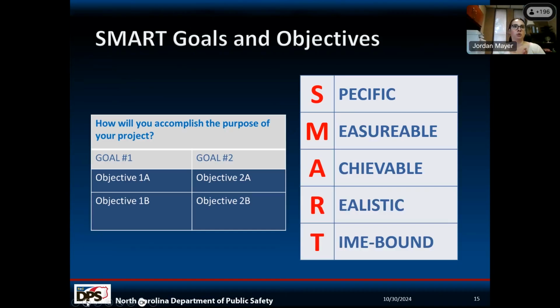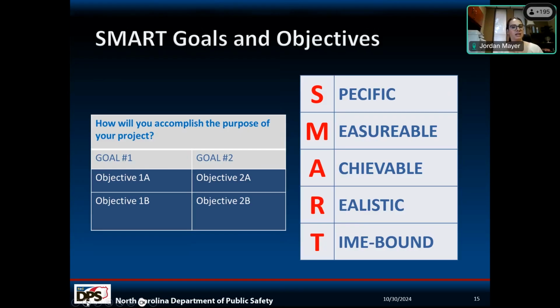So you want to make sure that your goal is clear and focused, that it is focusing on the project goal. So not necessarily your agency as a whole, but what you are planning to focus on in this project. Same thing with measurable. You want to be able to say, this is how we are going to achieve the goal that we are looking to complete. So it's basically demonstrating how you will know that you have reached it.